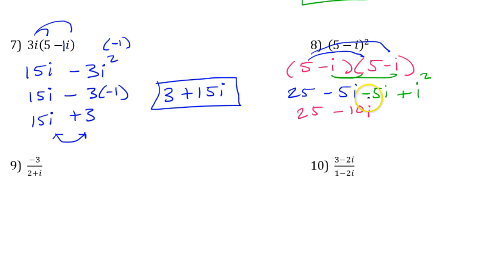They don't cancel. -5 and -5 make -10. Now i squared is -1, so this is like having -1. So 25 minus 1, that's 24. So I will have 24 minus 10i. And that is the final answer, 24 minus 10i.